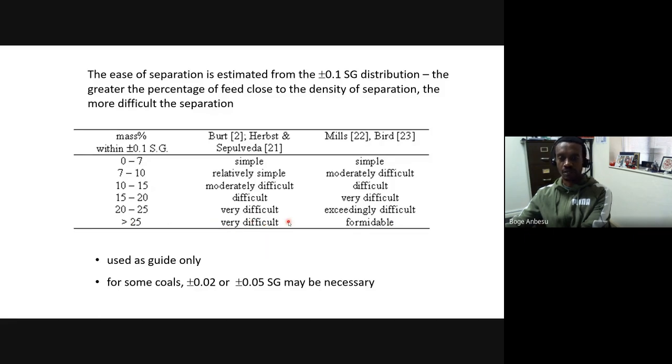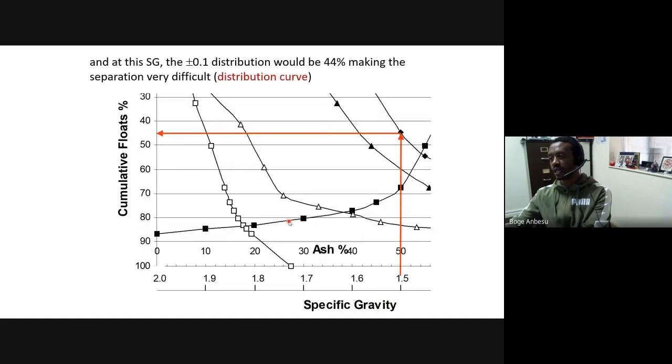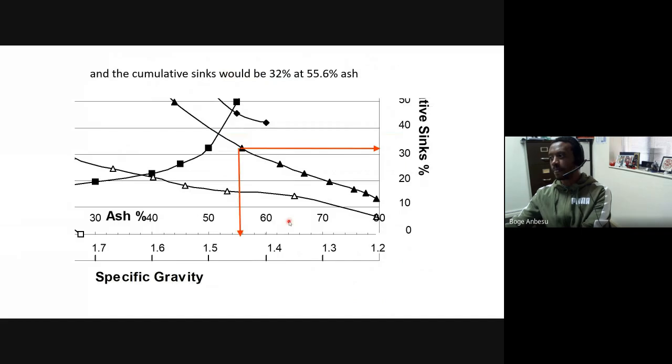Okay, so you're going to have a hard time applying the sink and float experiment to obtain that quality of ash. And you can also look at the cumulative sink curve. So of the waste, you can look at whatever sank, which is most likely silicate material. Then you say, I recovered 68%, 32% went to the sink. In that 32%, you have 55% ash. That's what we read from a cumulative sinks curve.